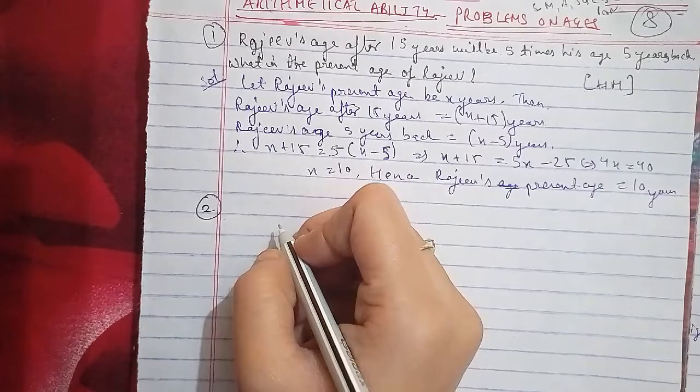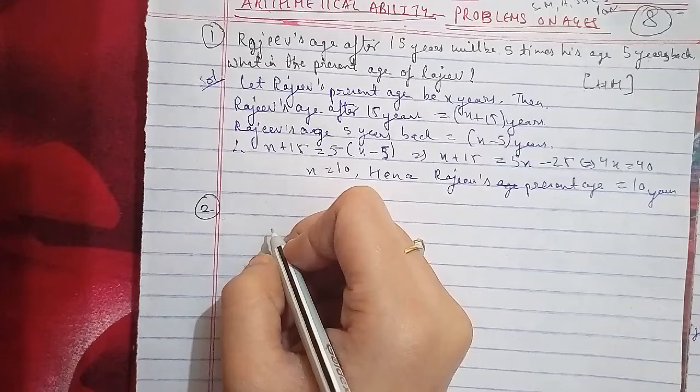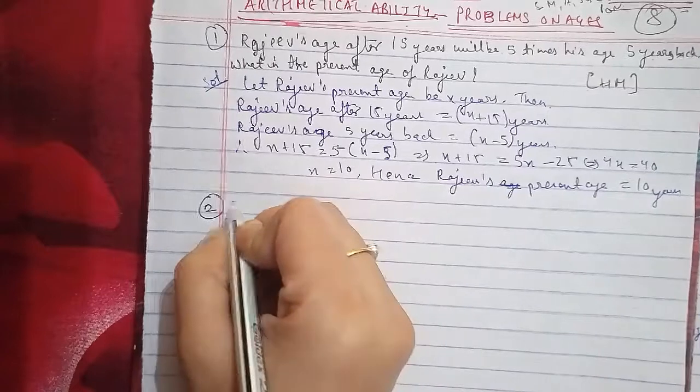The ages of two persons differ by 16 years.